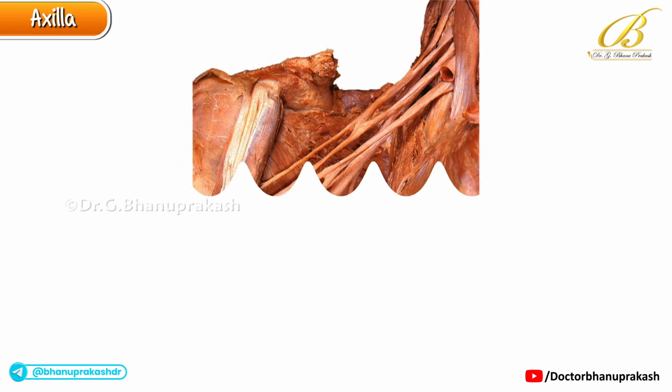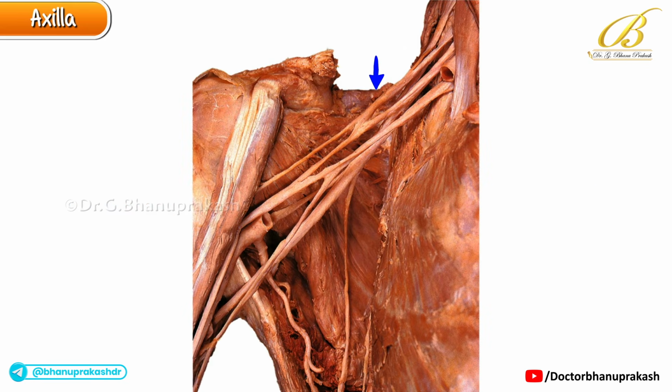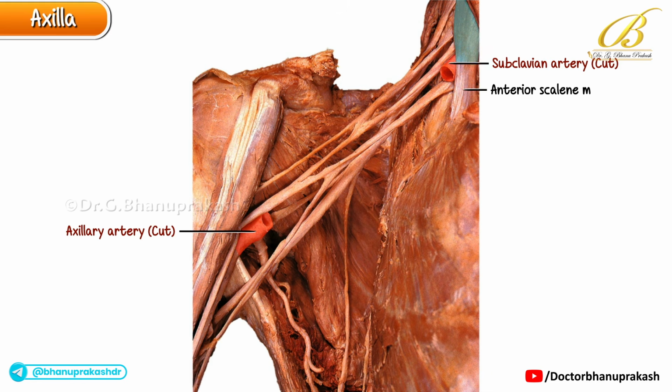In this specimen, the clavicle has been removed, providing a clear view of the brachial plexus. The axillary vessels have also been removed, allowing us to appreciate the cut ends of the subclavian and axillary arteries. The proximal cut end is the subclavian artery, emerging from the lateral border of the anterior scalene muscle, which continues as the axillary artery.